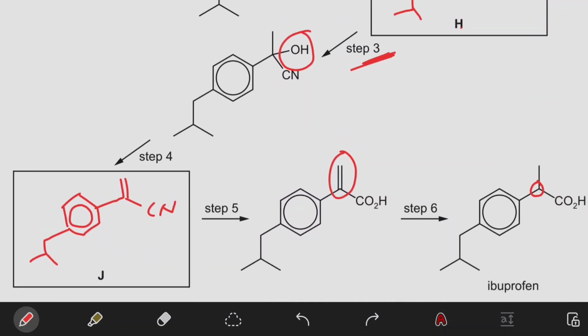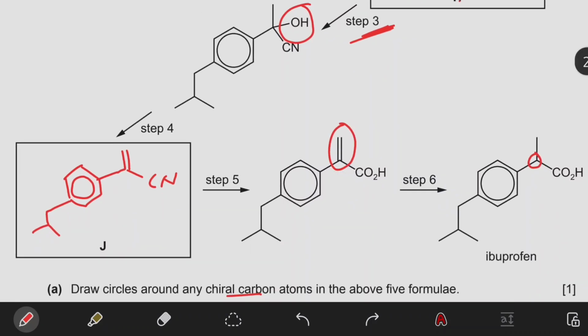And if you're wondering, there is another way to make J. You can do any of these steps. Either you make the double bond with a CN, or you just make a carboxyl in the place of CN and make the remaining molecule as it is with OH and this CH3. So it's up to you.